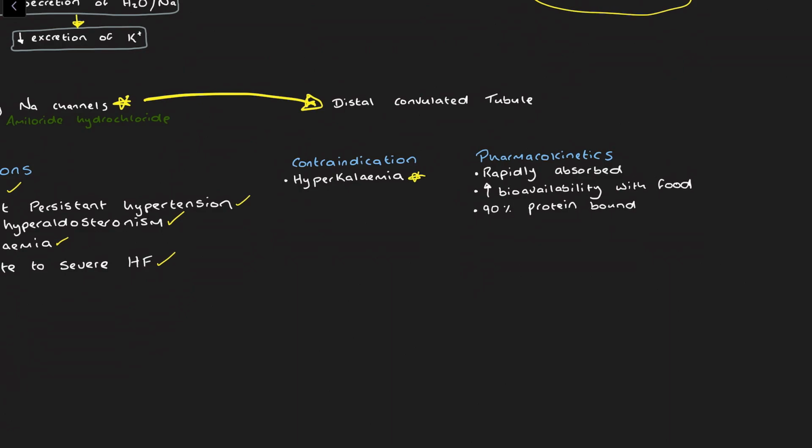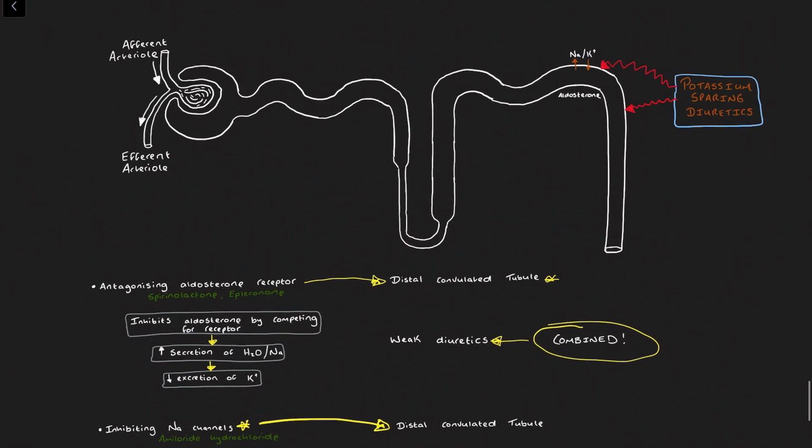In terms of the pharmacokinetics for potassium sparing diuretics, the drug is rapidly absorbed from the GI tract. Food increases its bioavailability. 90% is bound to plasma proteins, and the half-life is around 10 minutes.